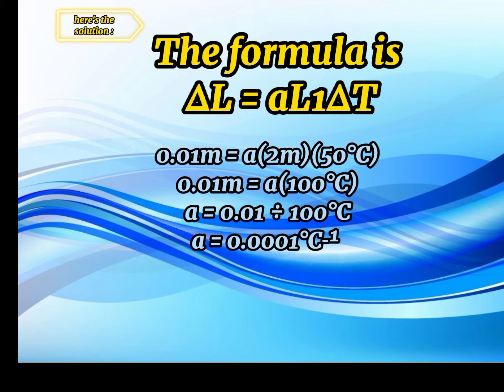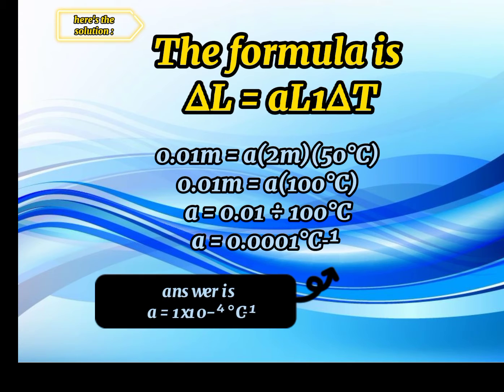Now we are going to move the change in length and cancel meters on both sides. It will become α equals 0.01 over 100 degrees Celsius. α is equal to 0.0001 degrees Celsius raised to the power of negative 1.